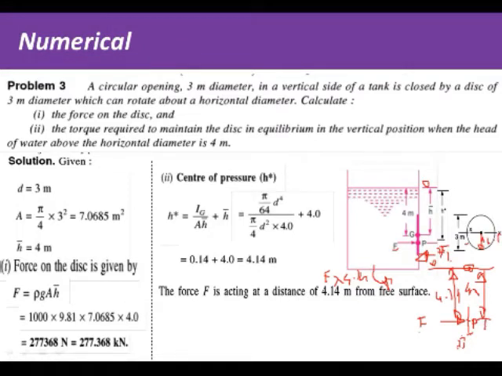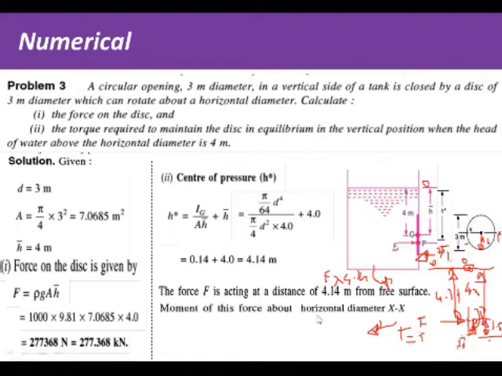So the total distance of the other end B from point O, which is on the liquid surface, is 4 plus 1.5, so 5.5. The torque required is simply F1 into 5.5.